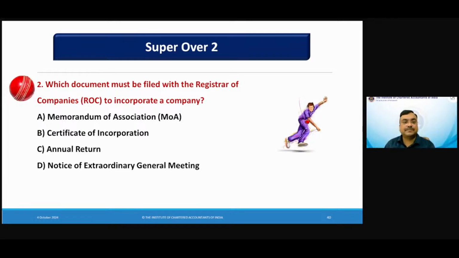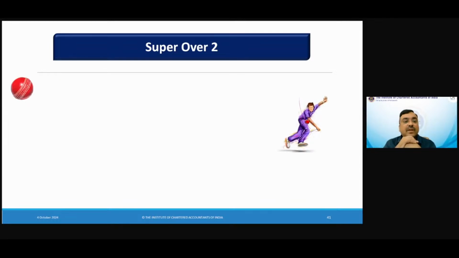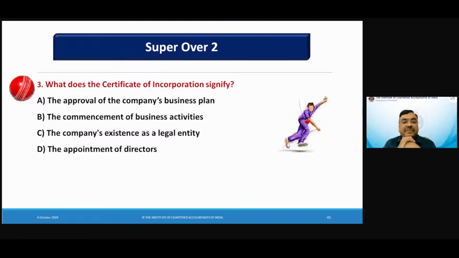Next. What does the Certificate of Incorporation signify: the approval of the company's business plan, commencement of business activities, the company's existence as a legal entity, the appointment of directors.